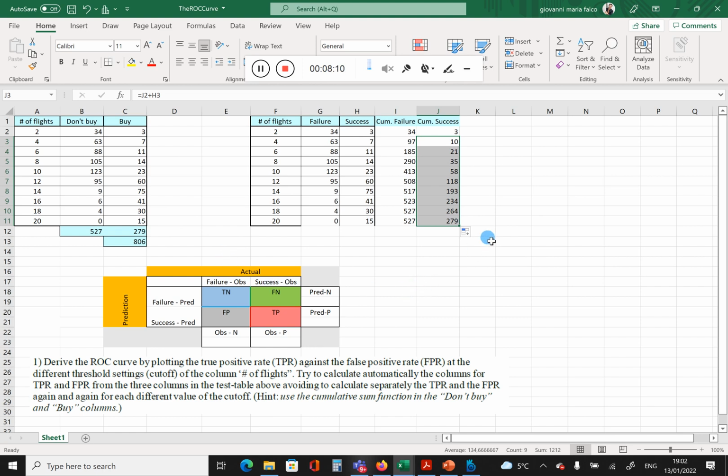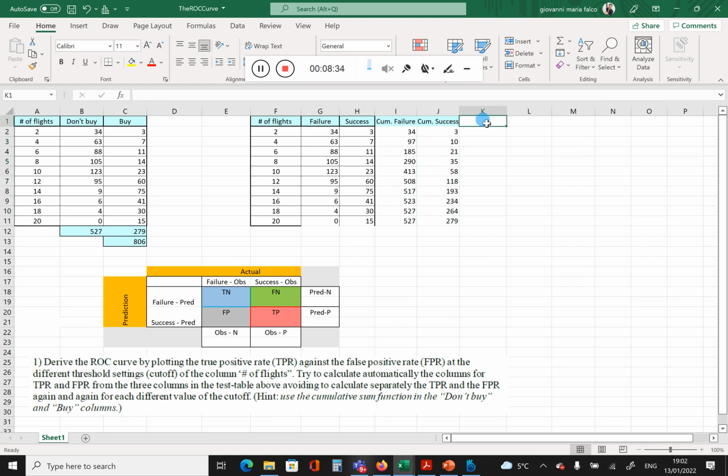Now we will see in a moment why this can be helpful, because what I want to do is create here, as a function of the variable flight experience, the TPR, the TNR and the FPR, especially the TPR, the true positive rate, and the false positive rate.